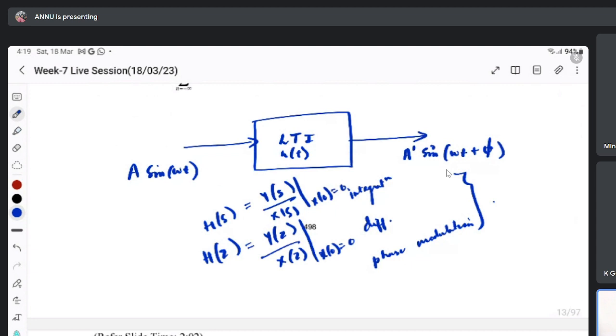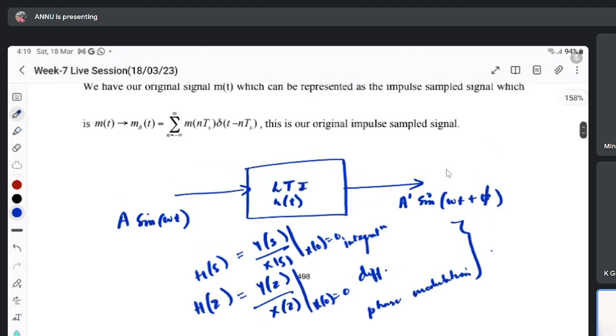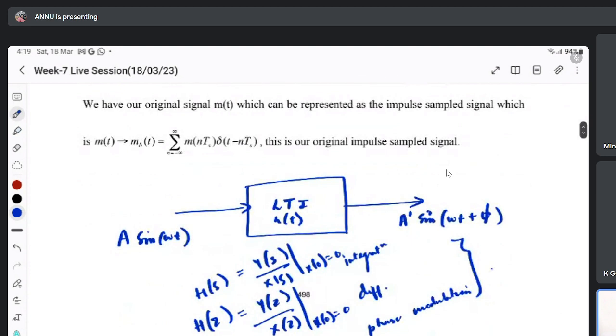Why am I taking this criterion? Because in every equalization also, you saw the equalization process itself is an LTI system. You can map it to an LTI system.